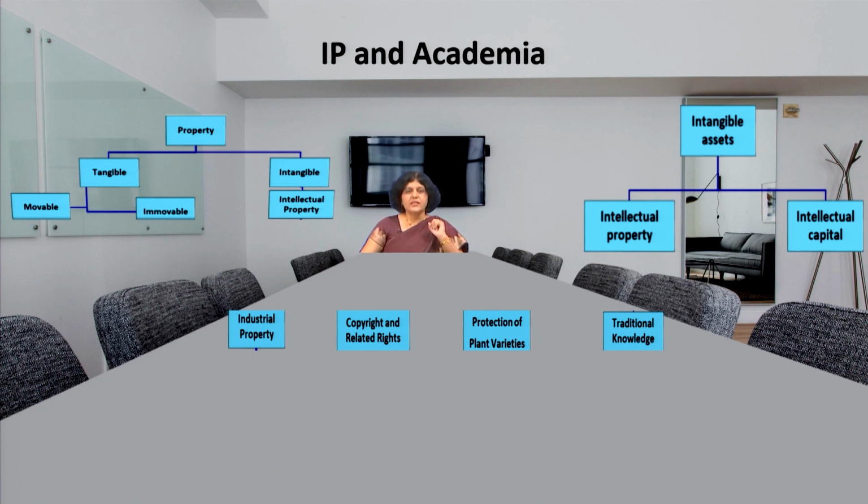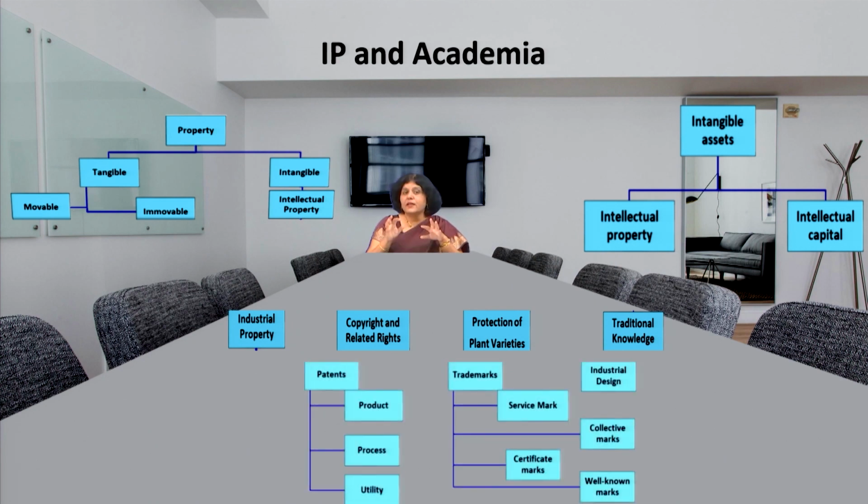Then you have seen industrial property, copyright, protection of plant varieties and farmers' right, and traditional knowledge. So we can see there is patent, trademark, industrial design, and apart from this copyright, and protection of plant varieties. Five types we have covered.